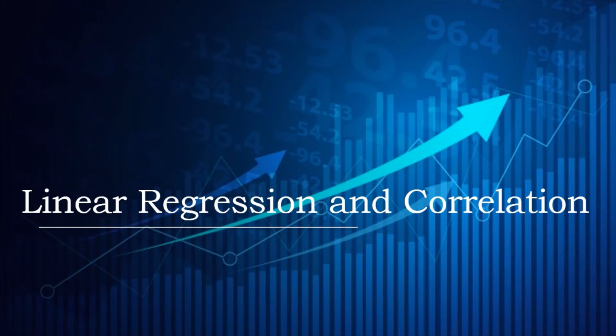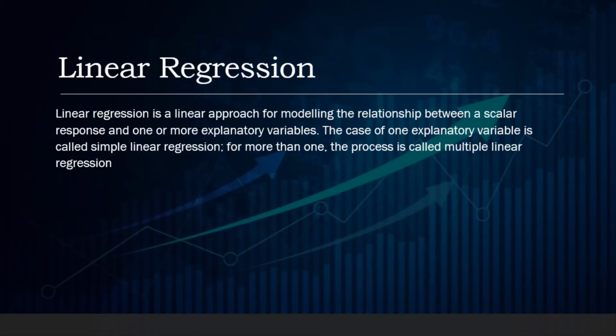Linear regression and correlation. Linear regression is a linear approach for modeling the relationship between a scalar response and one or more explanatory variables. The case of one explanatory variable is called simple linear regression. For more than one, the process is called multiple linear regression.